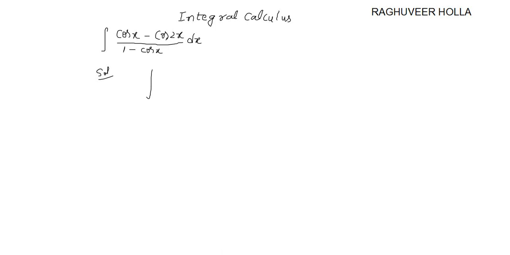So I get this as the integral of minus 2 cos square x plus cos x plus 1, divided by 1 minus cos x.